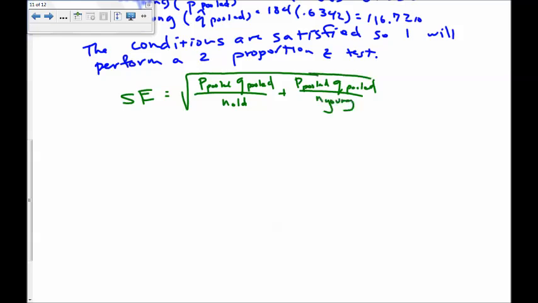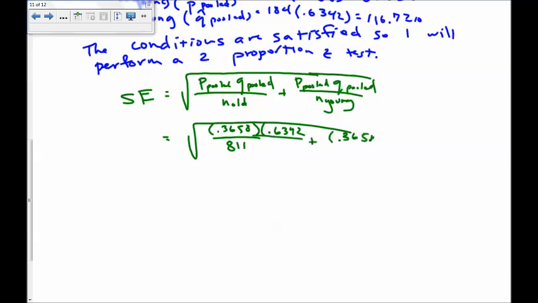Okay, which when you plug the numbers in, you get 0.3658 times 0.6342 over 811, plus 0.3658 times 0.6342 over 184, which ends up being about 0.03933.